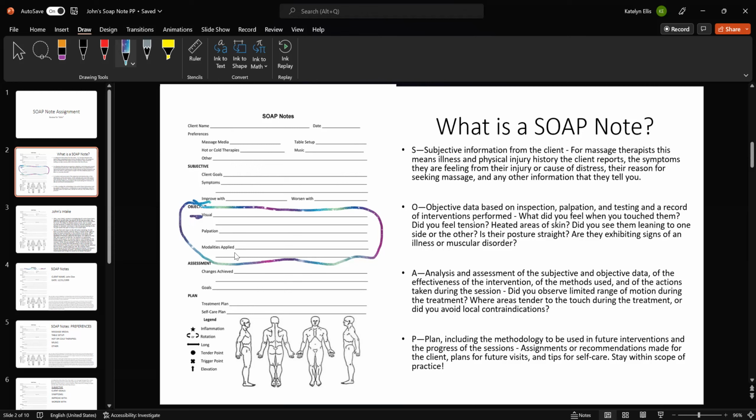The modalities that you applied, did you do myofascial stretching techniques? Did you do neuromuscular facilitation? Did you just do some Swedish massage with effleurage strokes to sort of relax them without overworking the tissues? What modalities did you apply?